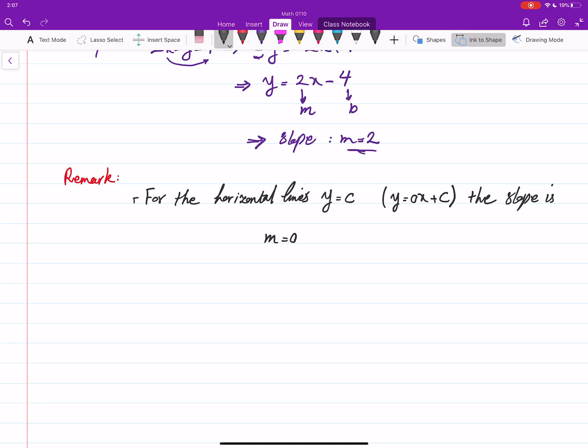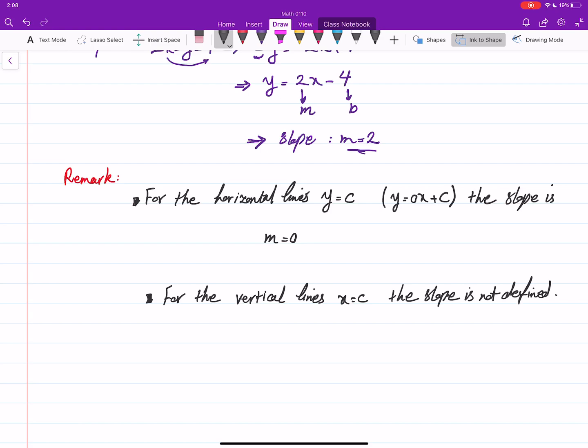For the vertical lines, x equal to c, the slope is not defined. Why is that?